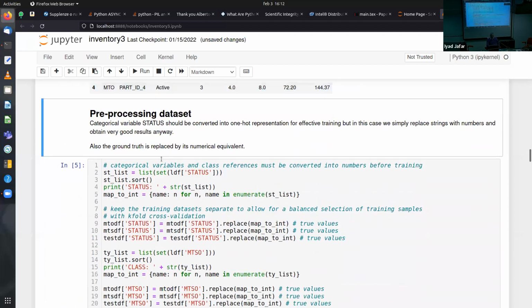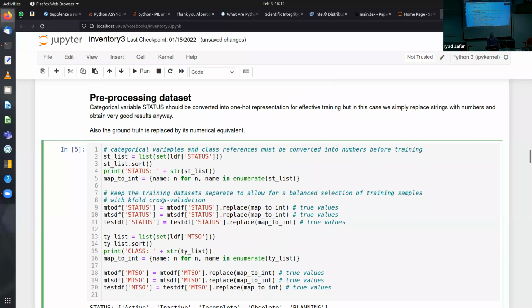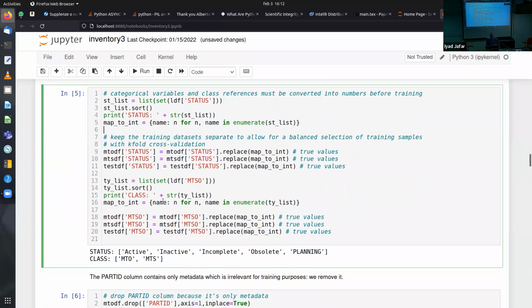So what we do here, we do some pre-processing. What about pre-processing? What we do is first, sticking to the theory, the categorical variables should be mapped into one node.